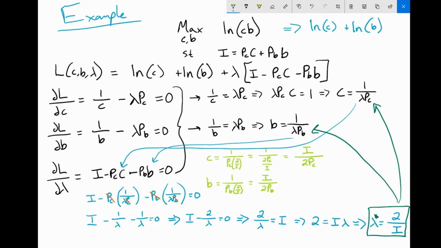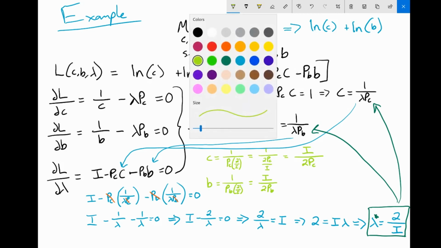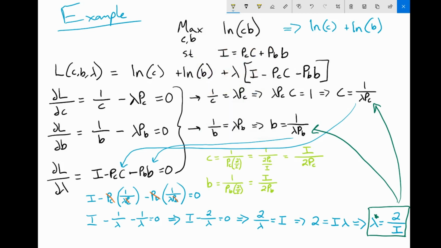All right, so if I want to summarize, let's summarize all the results. C star equals I over 2PC. B star equals I over 2PB. And lambda star equals 2 over I. Okay, so now we've just done utility maximization.